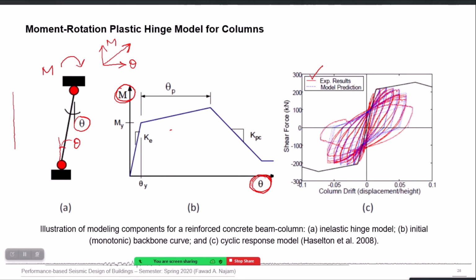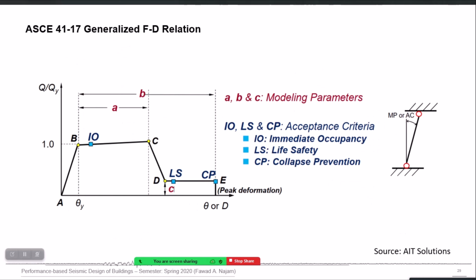So in that case you have to rely on different modeling guidelines, and one of the very important guidelines, which not only provides the modeling parameters but also a detailed procedure for performance assessment of new and existing buildings, is ASCE 41.